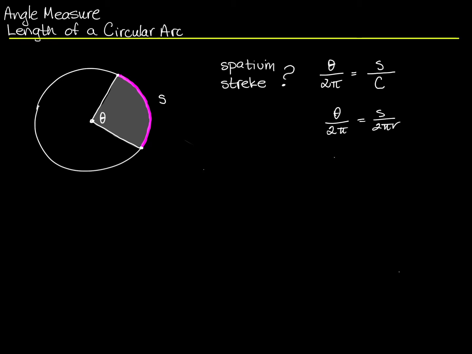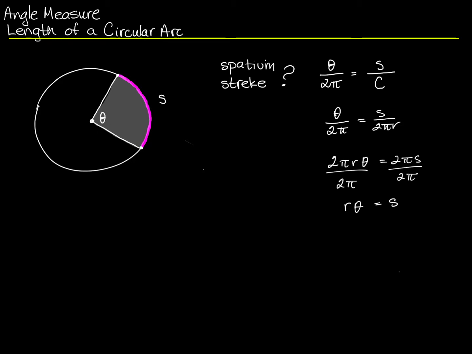If I cross multiply, I get 2 pi r theta is equal to 2 pi s. Divide both sides by 2 pi, and I get r theta equals s. That means that the length of this arc here can be computed if I know the radius of the circle and the angle.